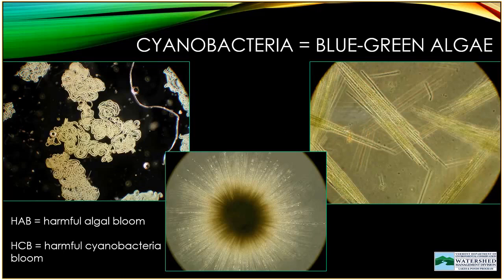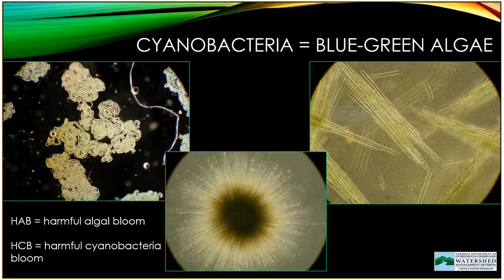You may also hear these organisms referred to as HABs, or harmful algal blooms. Bloom is a non-scientific term used to describe a situation where there are a lot of a particular organism in one place. So there can be diatom blooms, there can be dinoflagellate blooms called red tides in the ocean. There can be chrysophyte blooms known as golden algae in the southern part of the U.S. Some of these blooms can also be harmful.